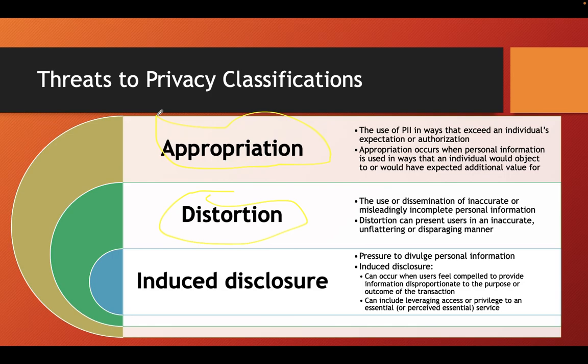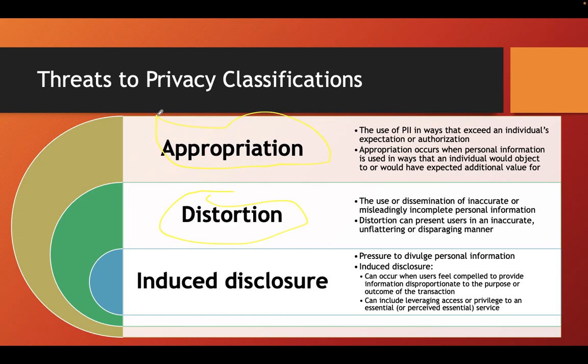One of the aspects of induced disclosure is pressure to divulge personal information. You're being pressurized to give this information out. Induced disclosure can also occur when users feel compelled to provide information disproportionate to the purpose or outcome of the transaction.